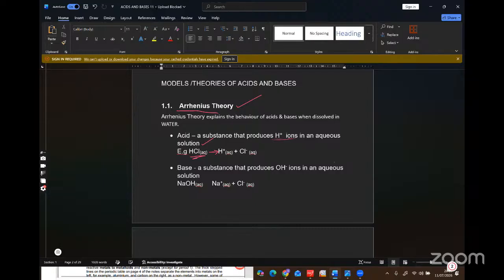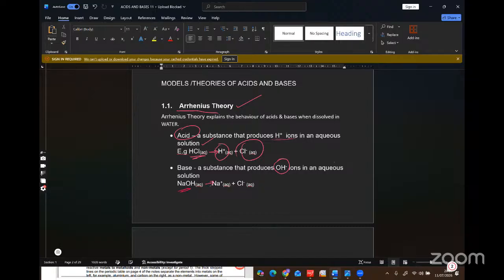So this is a popular acid. When it is dissolved in water, aqueous means water, it separates to give you this one and this one. So substances that produce hydrogen ions in water, or in aqueous solution, we call them acids. And to him, a base is a substance that produces OH- or the hydroxide ion in aqueous solution.